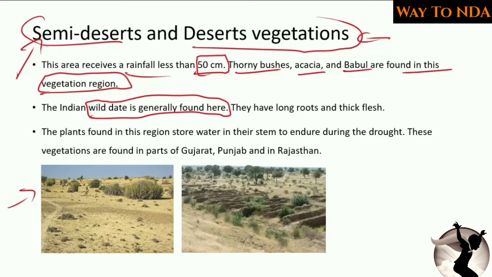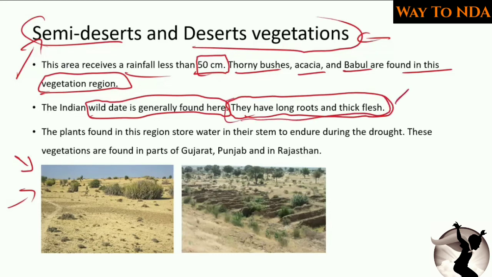The khajur, the Indian wild date, the tree of khajur you will find in this type of vegetation, and they have long roots and thick flesh. Now why do they have long roots? They have long roots because they have to go deep down inside the earth in search of water. That is the reason they have long roots and thick flesh.